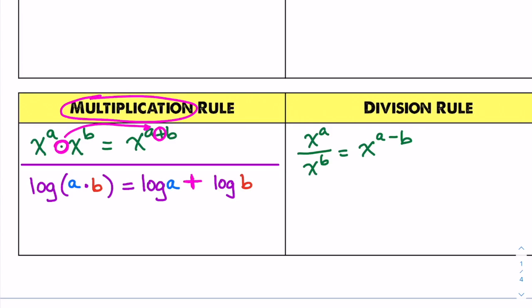So just like we said before, multiplication becomes addition. Multiplication within one log becomes addition in 2 logs. So I'll write that.